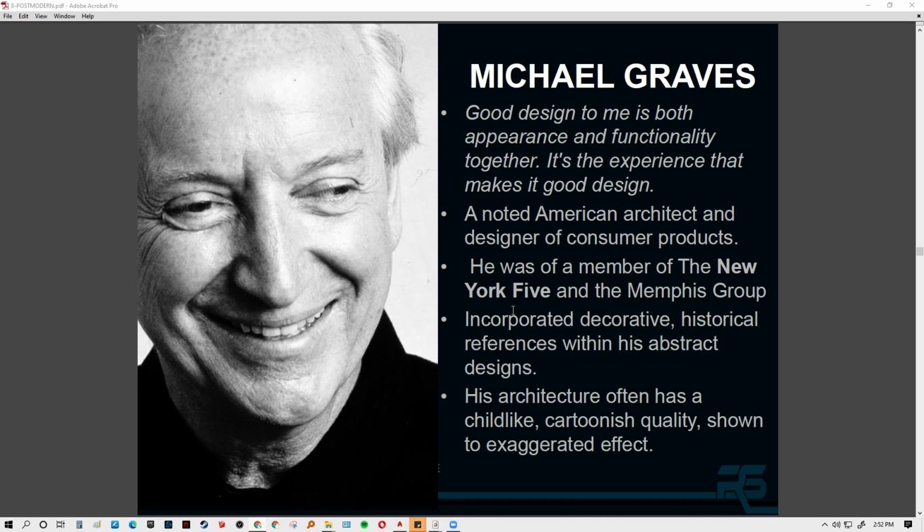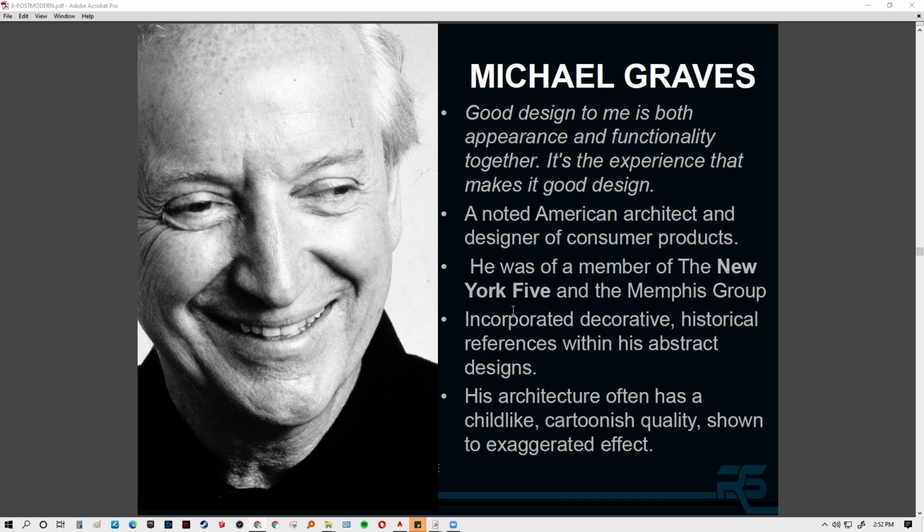Another one we have is Michael Graves. For him, good design to me is both appearance and functionality together. It's the experience that makes it good design. So his architecture is often coined with a childlike, cartoonish quality and exaggerated effect. He's an American architect and a designer of consumer products.